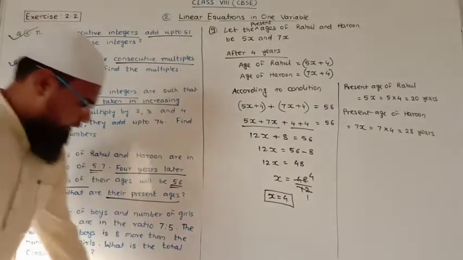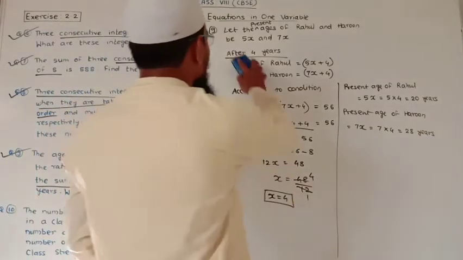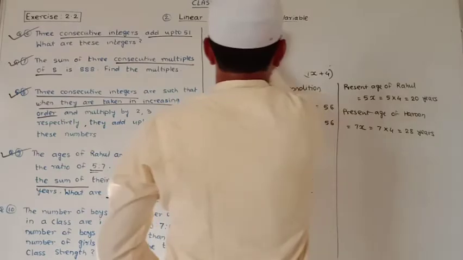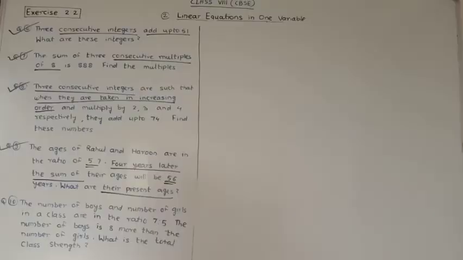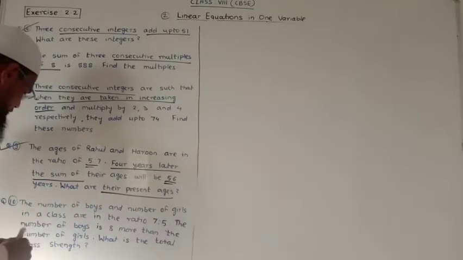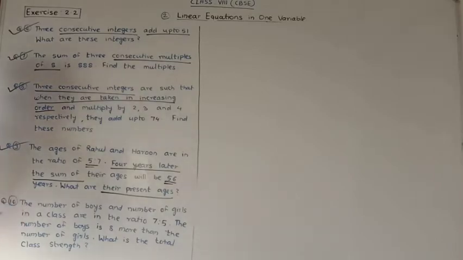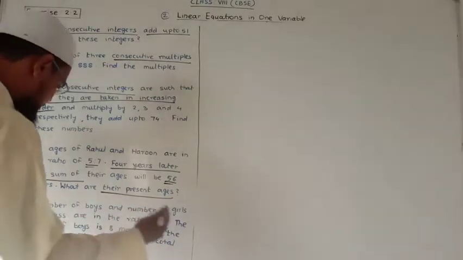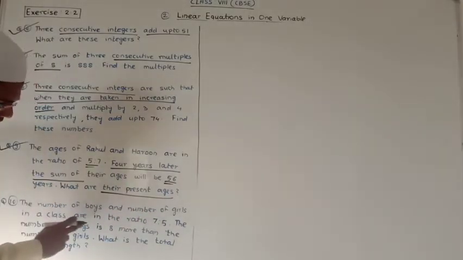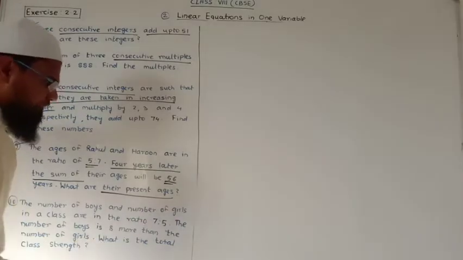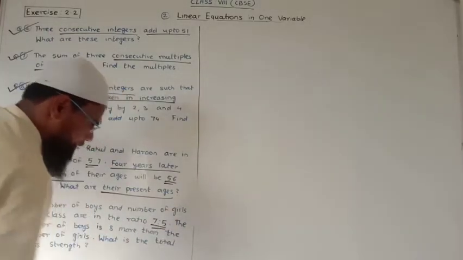So now we are starting question number 10. The number of boys and number of girls in a class are in the ratio of 7:5.